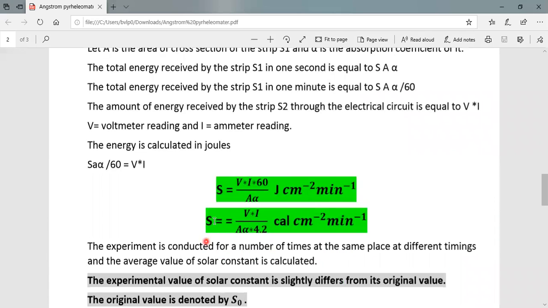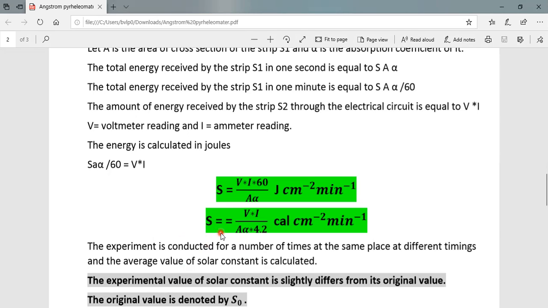This is equal to VI, the electrical energy. So S A alpha by 60 equals VI, so S, the solar constant, equals VI into 60 divided by A alpha. And the units are joules per centimeter square per minute.